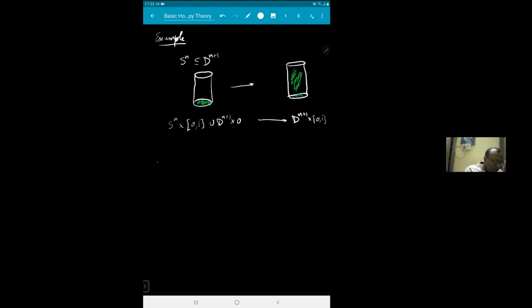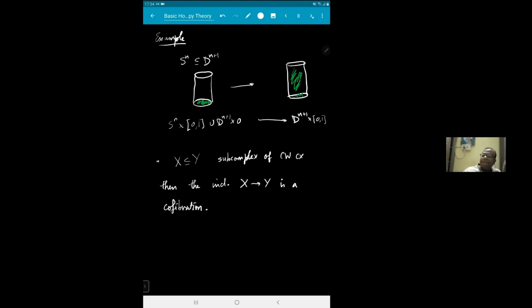So from here, what you can do is that if Y is a CW complex and X is a subcomplex of the CW complex, if this happens, then the inclusion X to Y is a cofibration.